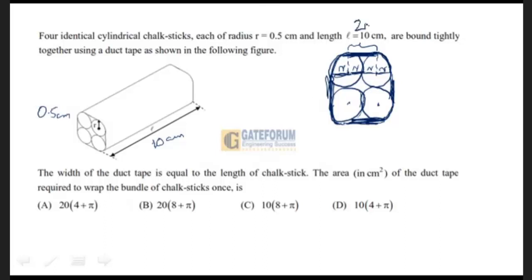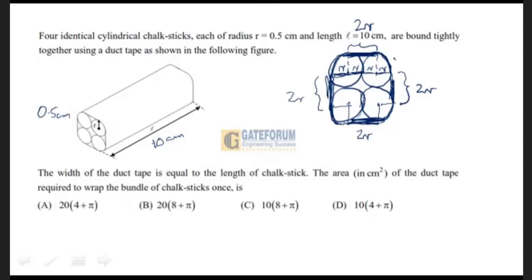And this length is 2R. Similarly, this part of the duct tape is also 2R, right? Similarly, this part is also 2R. And likewise, this part of the duct tape is also 2R, right?